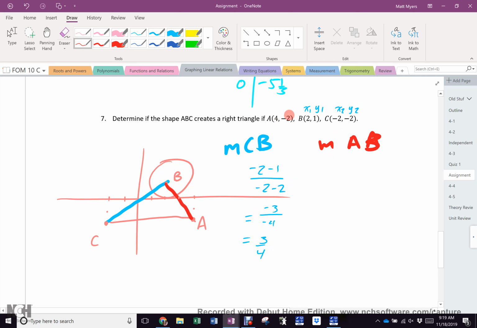So what should I make this one? X2 and y2. So, negative 2 minus 1 over 4 minus 2. Negative 2 minus 1 is negative 3. 4 minus 2 is 2. Are they opposite reciprocals? No. So is this a right triangle? No.